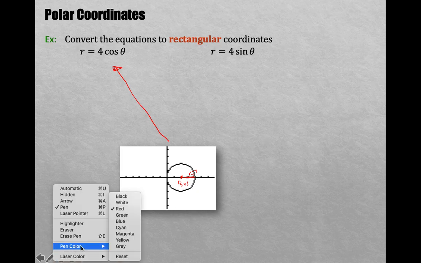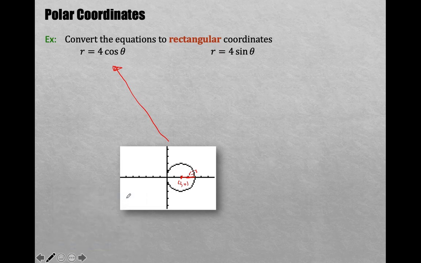So what do you think the graph of 4 sine theta looks like? Well, you don't have to think at all, right? I just gave it to you, or you just did the work. This was a circle with a center at 0, 2, and a radius of 2.